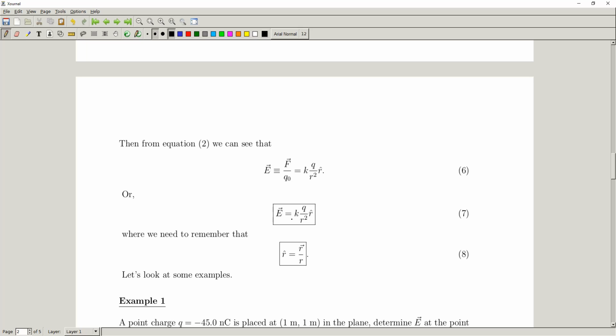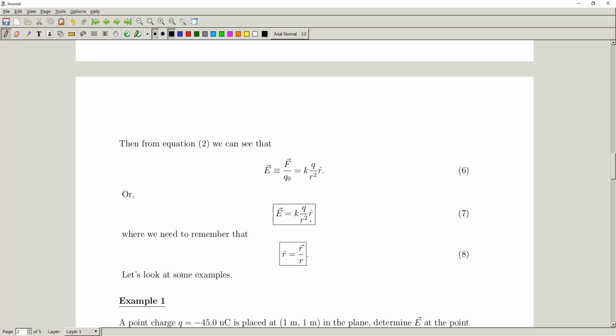We end up with k, the constant that we talked about before. This is 9 times 10 to the 9, with some units that we can talk about. Then we have our source charge. This is not our test charge, so we want to keep in mind that this is our source charge.